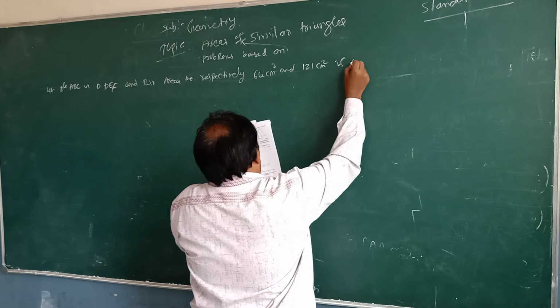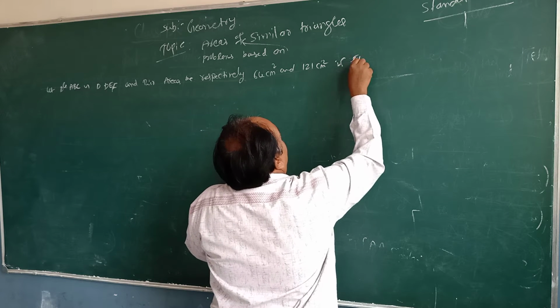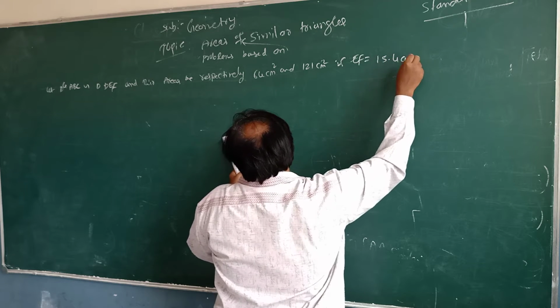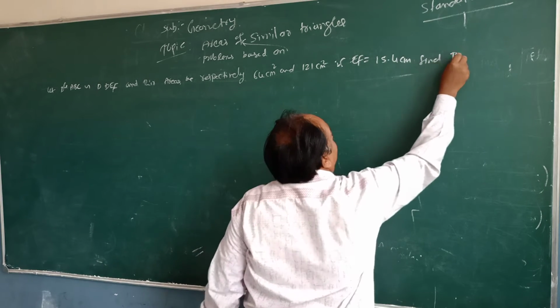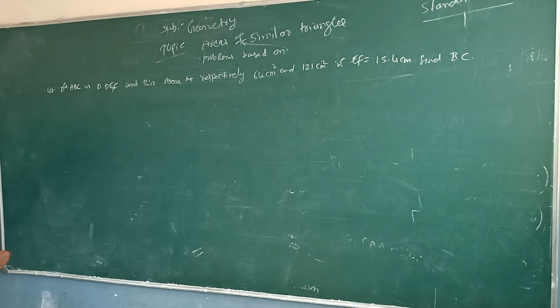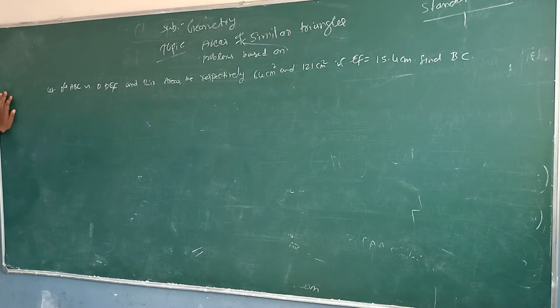If EF is equal to 15.4 cm, find the length of BC. This problem is very important from the examination point of view, my dear students.